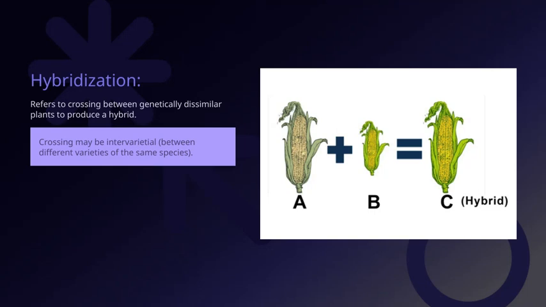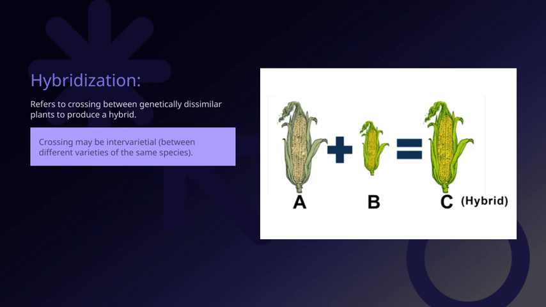Let's talk about hybridization. Essentially, this refers to crossing between genetically dissimilar plants to produce a hybrid, which can often result in plants with desirable traits from both parents. One common type of crossing is called intervariational hybridization, where we cross different varieties of the same species.